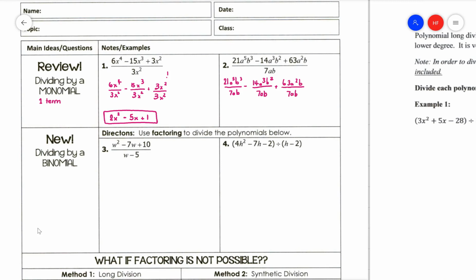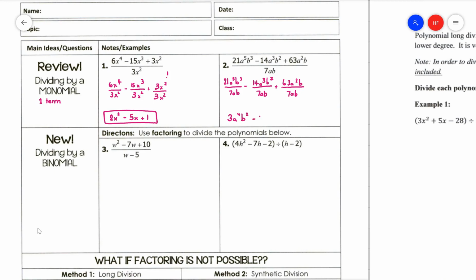We'll take the number with the number, so 21 divided by 7 is 3. And then we take each of our variables with the corresponding variables, so a and a. So a to the fifth power divided by a, we subtract those powers. We get 5 minus 1, which is 4. Then for b, we have 3 minus 1, which is 2.